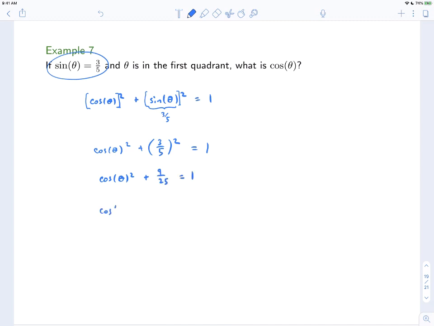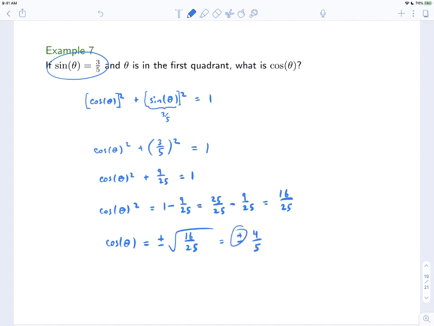That means that cosine of theta quantity squared is equal to 1 minus 9 over 25, which is 25 over 25 minus 9 over 25, which is equal to 16 over 25. So that tells us that cosine of theta is equal to plus or minus the square root of 16 over 25, which is plus or minus 4 over 5.